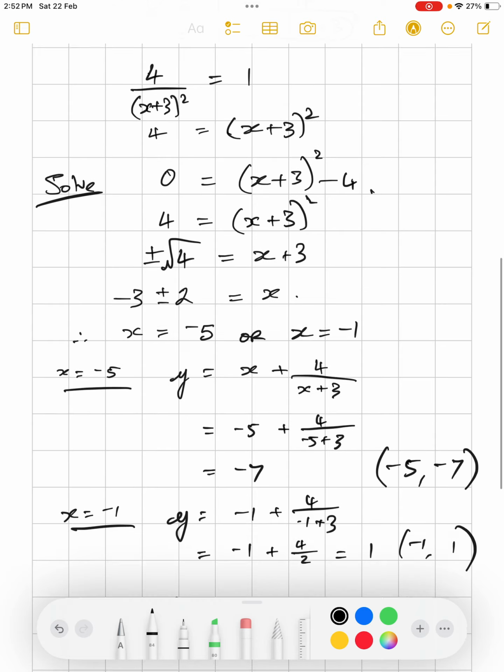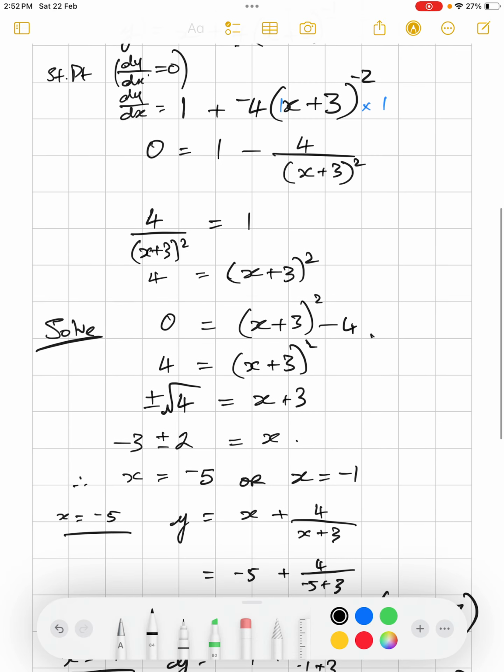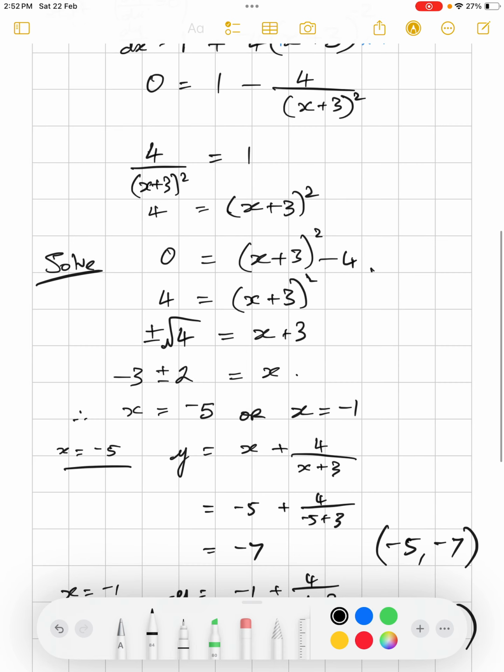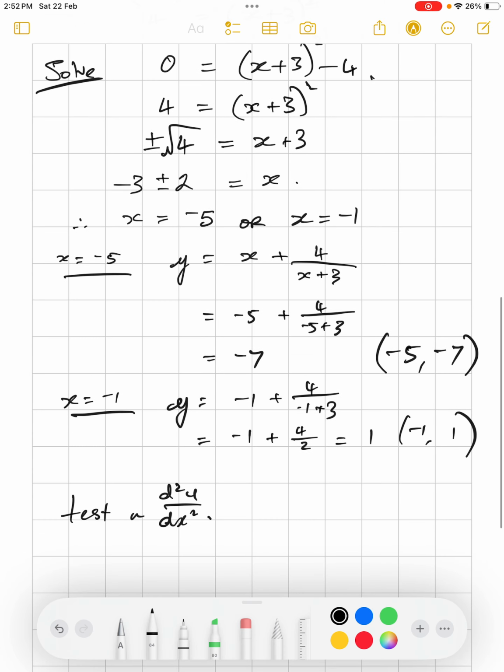Oh, well, where was the first derivative? First derivative was 1 minus. Okay, so the first derivative, by the way, I'll just say dy dx was 1 minus 4 over x plus 3 squared. I'm going to get that ready to derive. I'm going to take that x plus 3 to the negative 2.